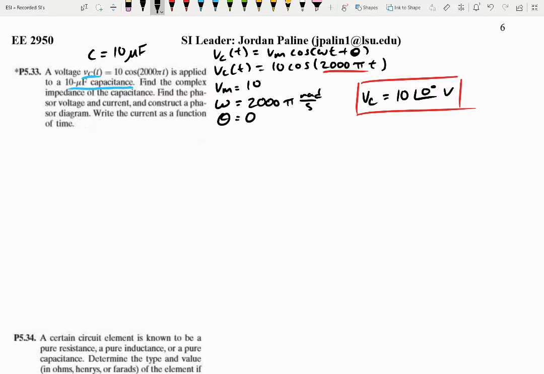Now let's find the complex impedance. The complex impedance, Z of C, is going to be negative J over omega C. So negative J over 2000 pi radians a second times 10 microfarads times 10 to the negative 6.